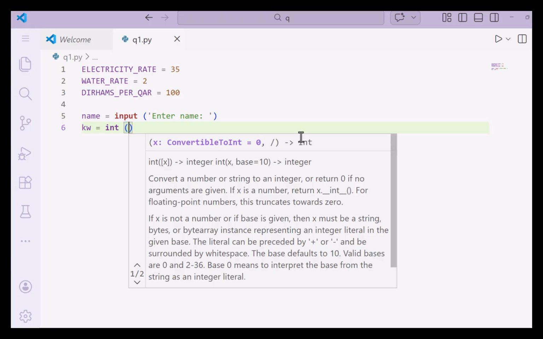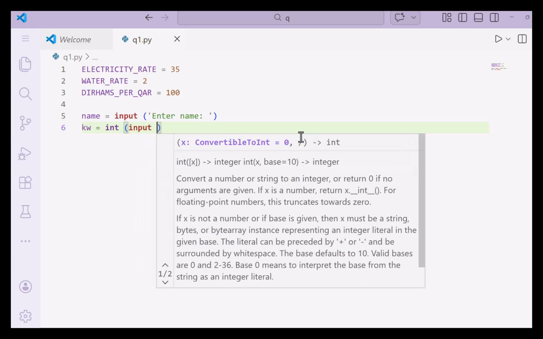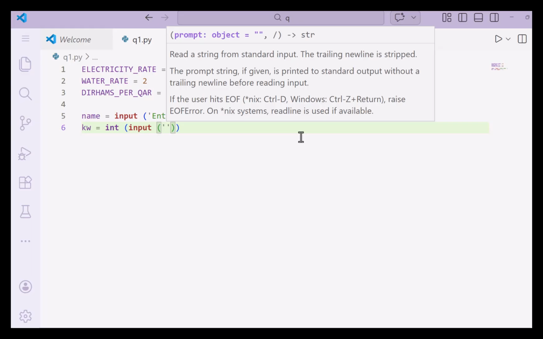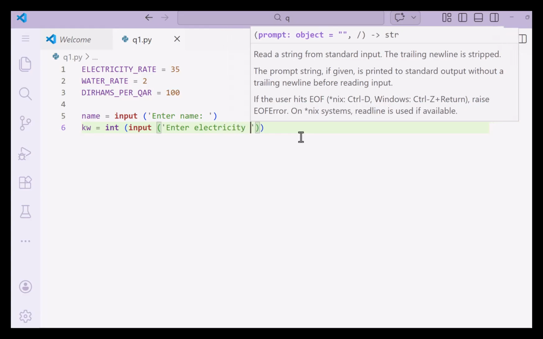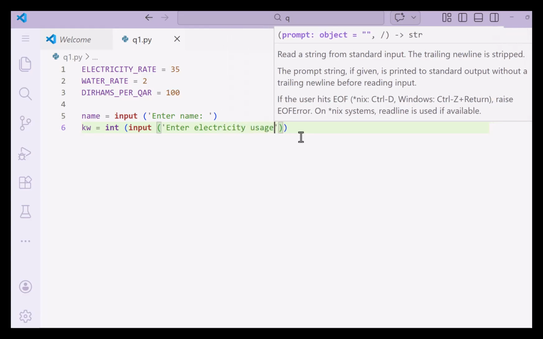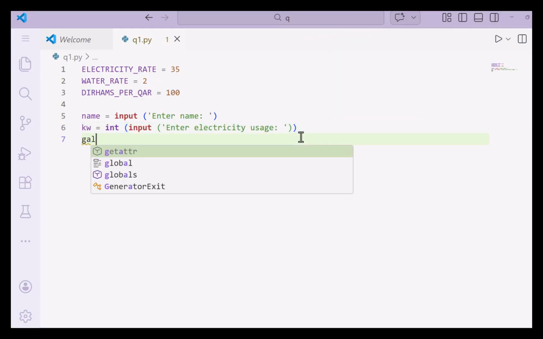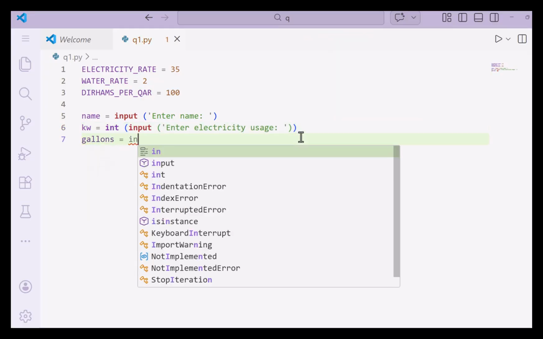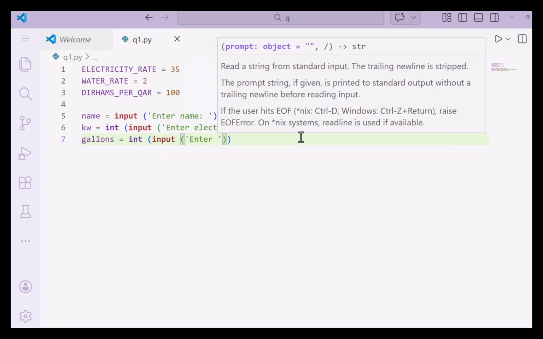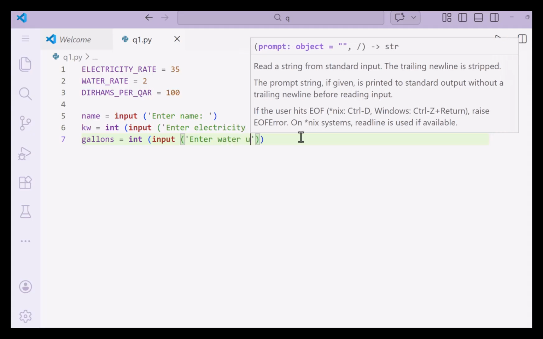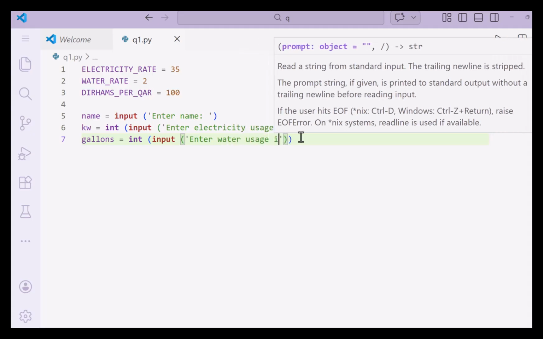It could be float, but I think it's integer. Input, the question would be enter electricity usage in kilowatts. Then I'd say gallons here is equal again integer, input, enter water usage in gallons.